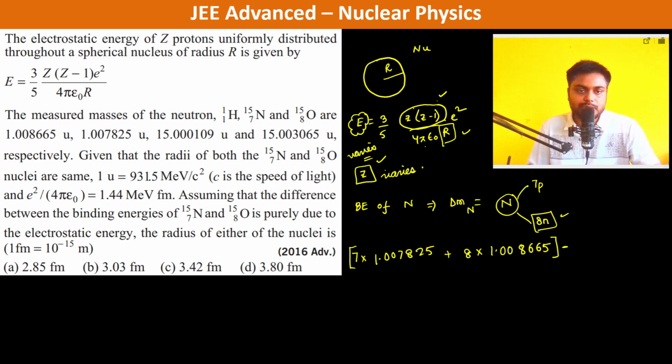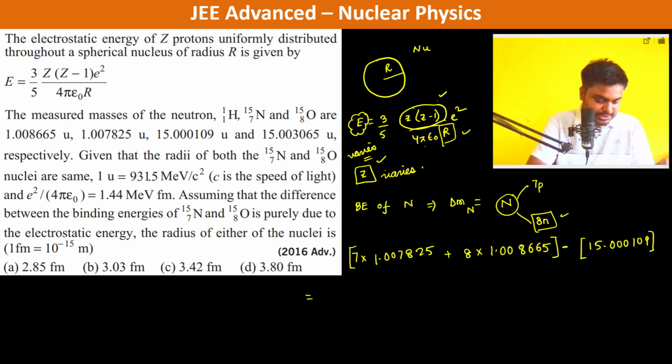So how much is nitrogen? It is 15.000109. So now we have to calculate the entire thing. I am doing it by calculator, but it is not recommended to do by calculator.